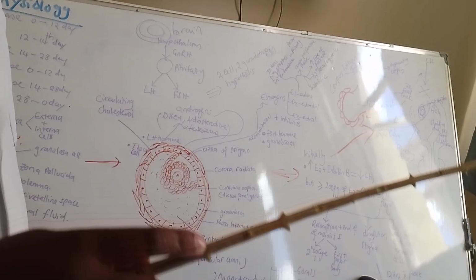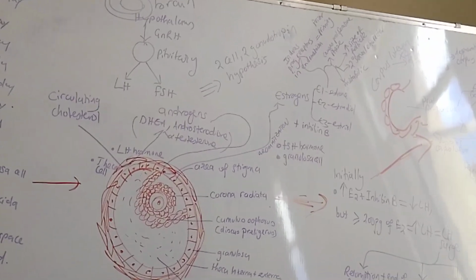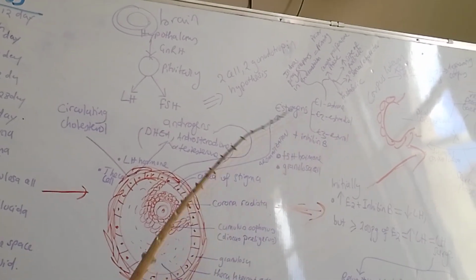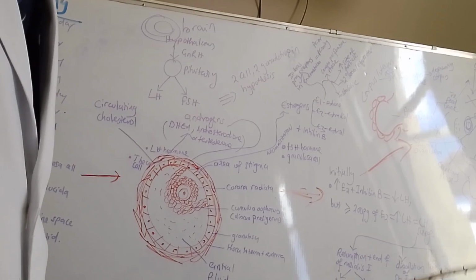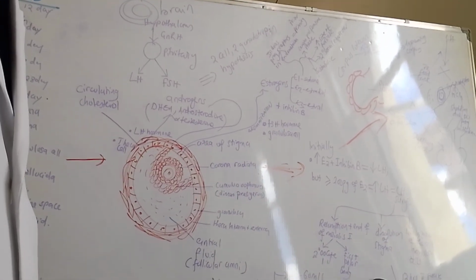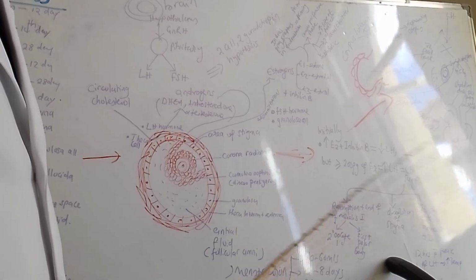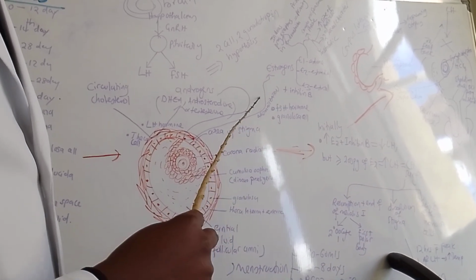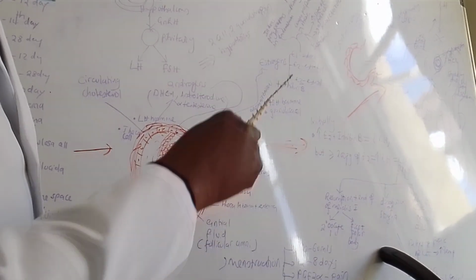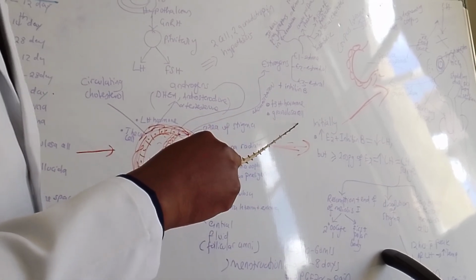So this is how drugs like letrozole work. Drugs like letrozole, which is used for ovulation induction in somebody who has got subfertility, for instance, instead of using clomiphene, you can use letrozole, for instance, is that you are going to block aromatization so that you drop the estrogen levels deliberately.